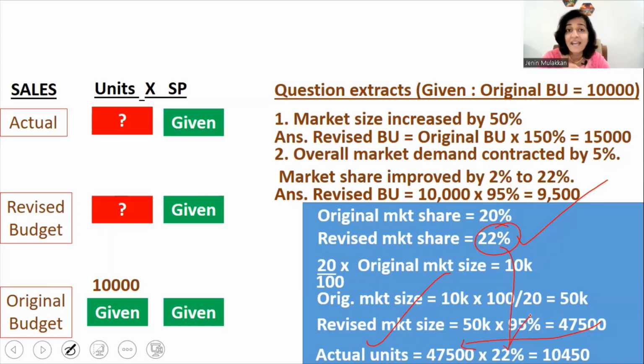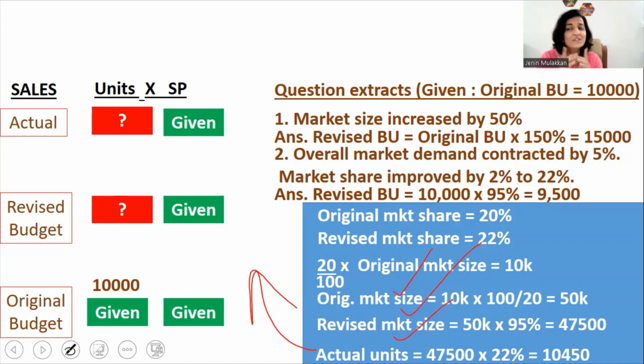So we get the actual units as 10,450 units. So in this case, in order to find the actual units, we have to adopt a three-step process. First, we have to find out the original market size. Then we have to find out the revised market size. Then only we can find out the actual units. So this is the tricky part that you have to keep in mind.